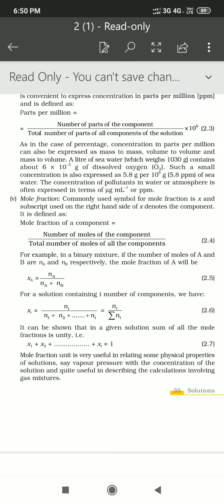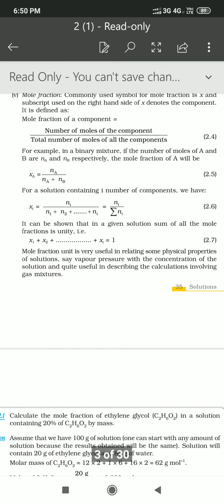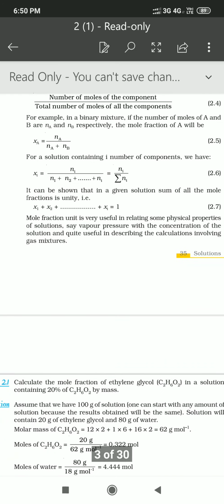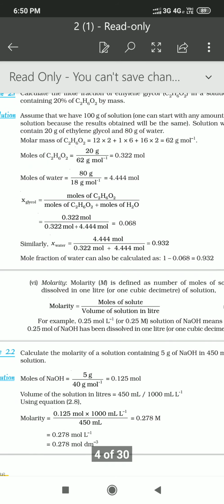Na is the number of moles of component A, Nb is the number of moles of component B. If we have many components, then the mole fraction of the first component is N1 upon N1 plus N2 plus N3, as many components as are present. So this is mole fraction, and it is an important unit which we will be considering in this lesson.